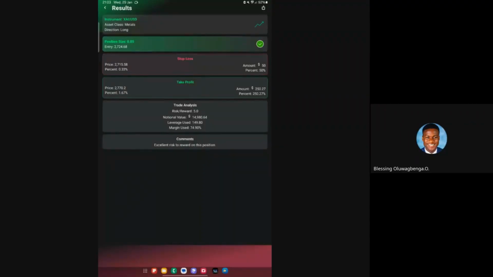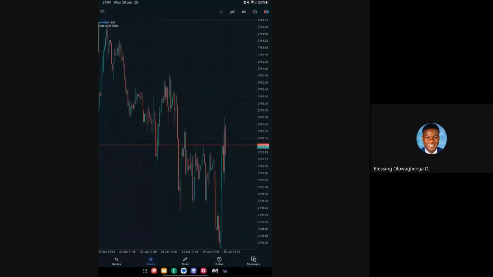That position size is 0.05. That is the lot size that we're going to use for this particular trade. Okay, so whatever lot size your calculation gives you here, that is what you will take to your MT5.